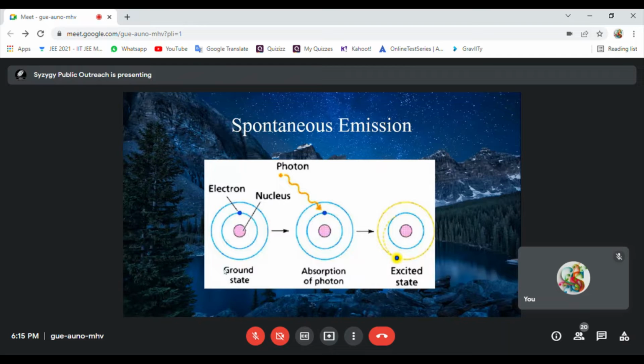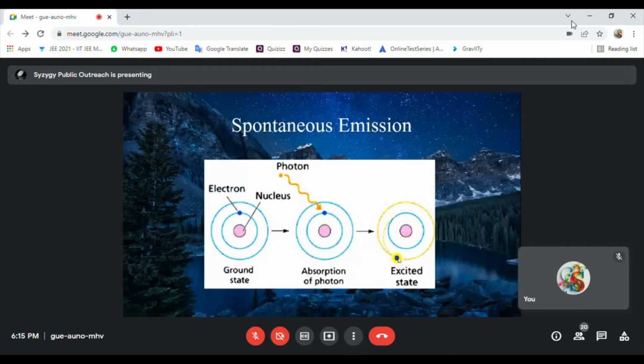I say may not because we have studied that the energy levels in which an electron can be are quantized. So not all photons can excite an electron. Only photons corresponding to the difference in the energy levels can excite the electron. If this photon has exactly the energy required, it would move the electron into a higher energy level.